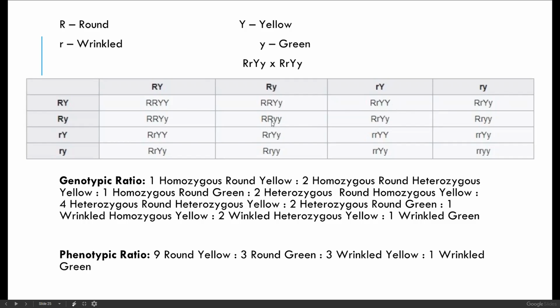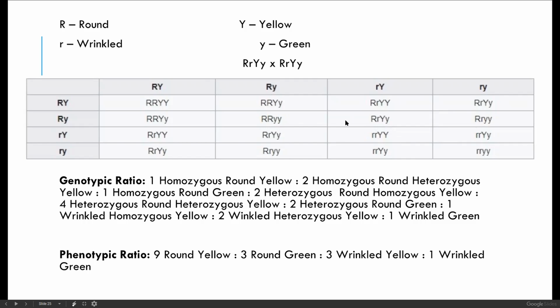Can you identify it now? Can you see the difference? Yes, sir. Two heterozygous round with homozygous yellow. Okay.